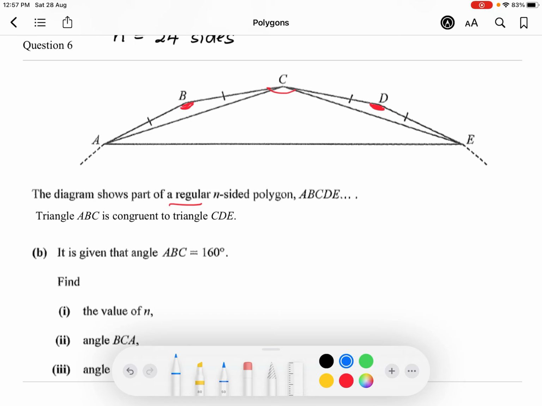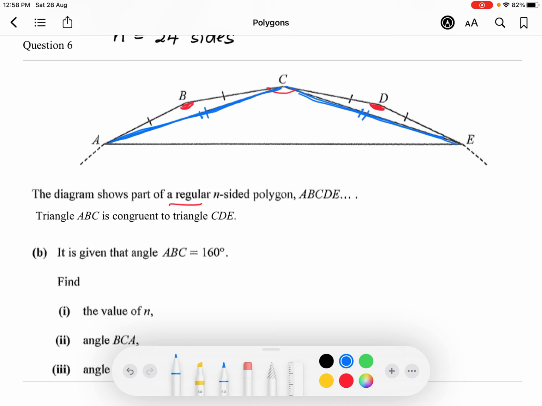We already know AB and BC are equal due to the fact that it's a regular polygon, and since the triangles are congruent, the side AC and the side CE are equal to each other, because congruent triangles have sides of equal length.